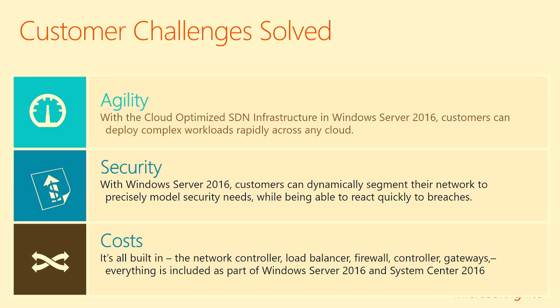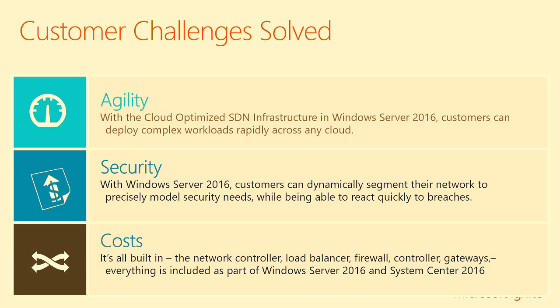Basically, these are the challenges we talked about in the beginning, like how do I bring agility? Because you are going to do that through the controller in a software-defined way. You can create VNets, you can create subnets, and you can have your security policies all deployed in a matter of seconds. And then you get the same security that you would normally have in your on-prem with physical infrastructure or physical firewall.